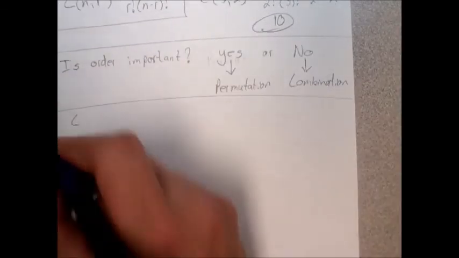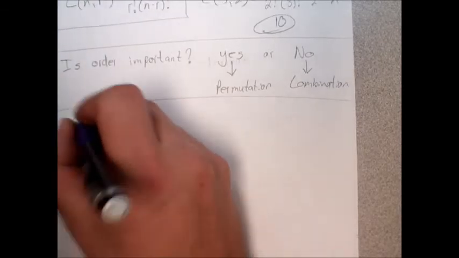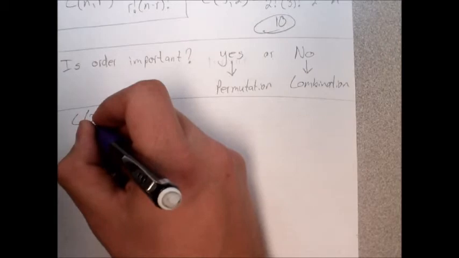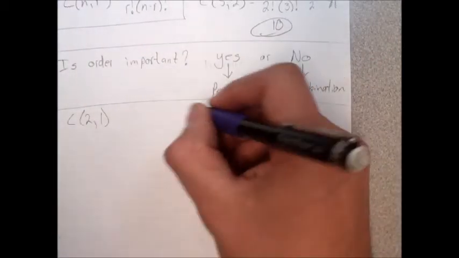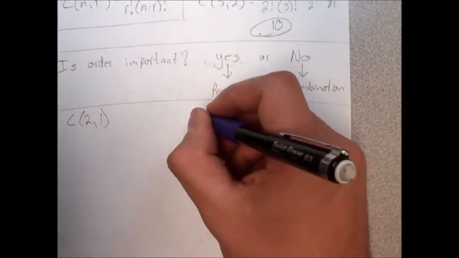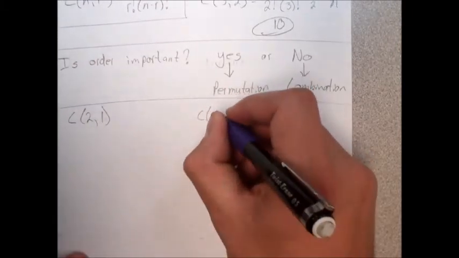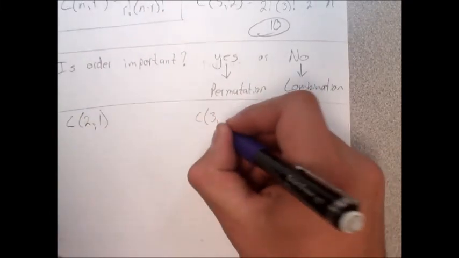First, the combination of 2 types of crusts, taken one at a time. Our second combination deals with the toppings: 3 toppings, taken 2 at a time.